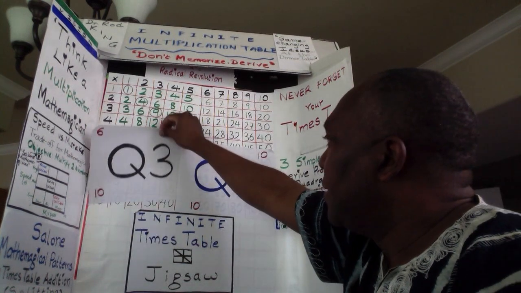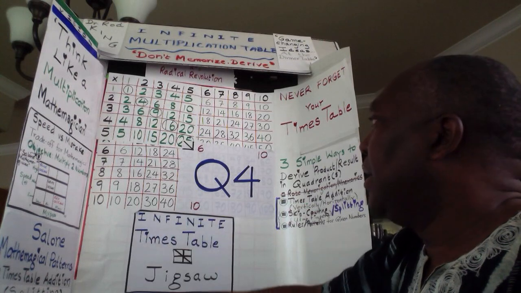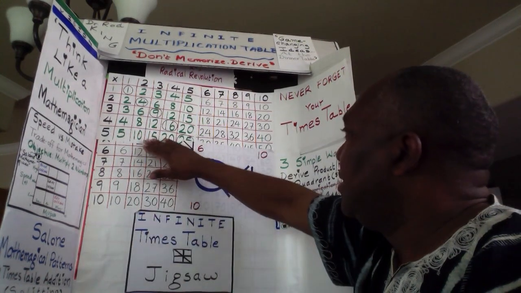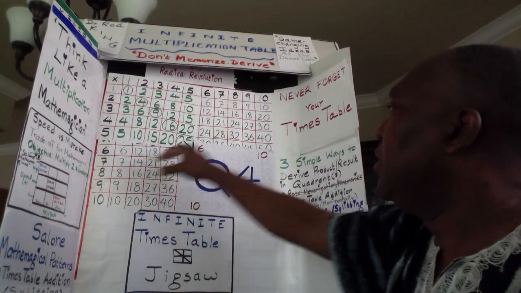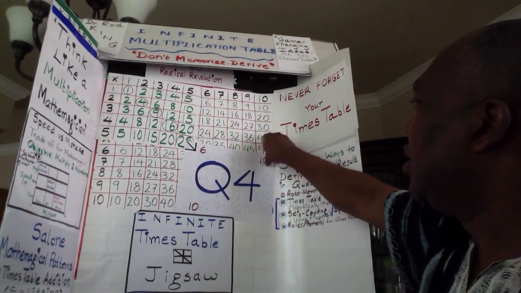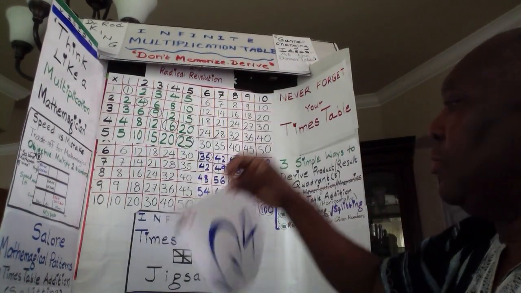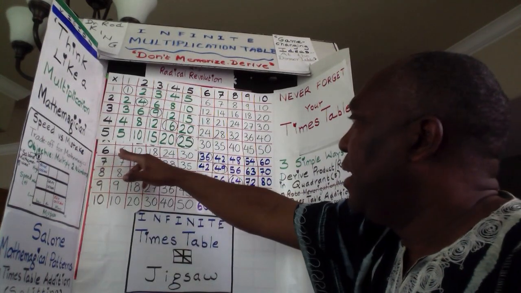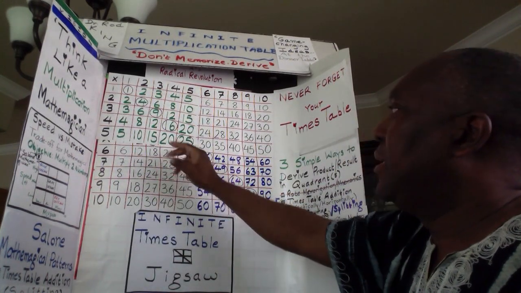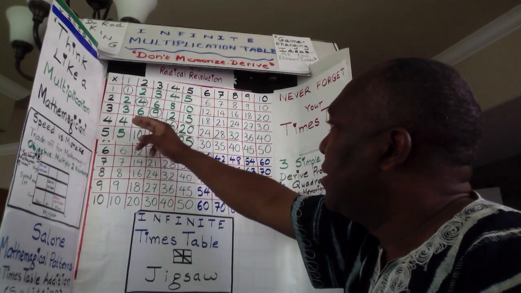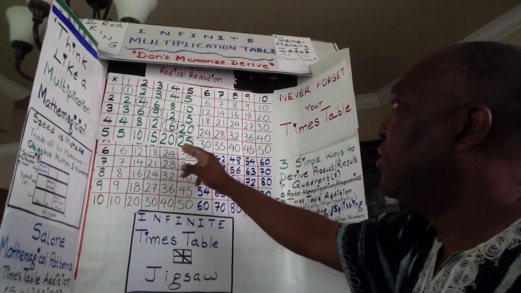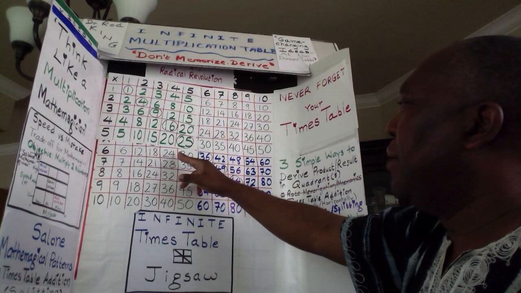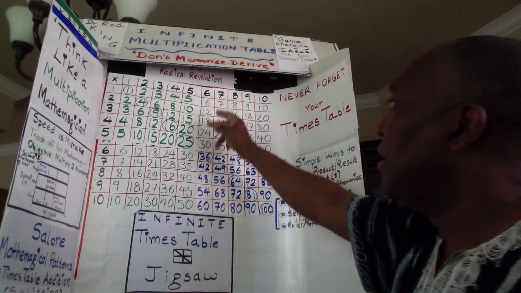Quadrant 3 can be derived in a similar manner, but this time you are concentrating on horizontal addition. So you can say 6 times table is 5 times table plus 1 times table, and these entries, you can see the row here is the same as the column there.